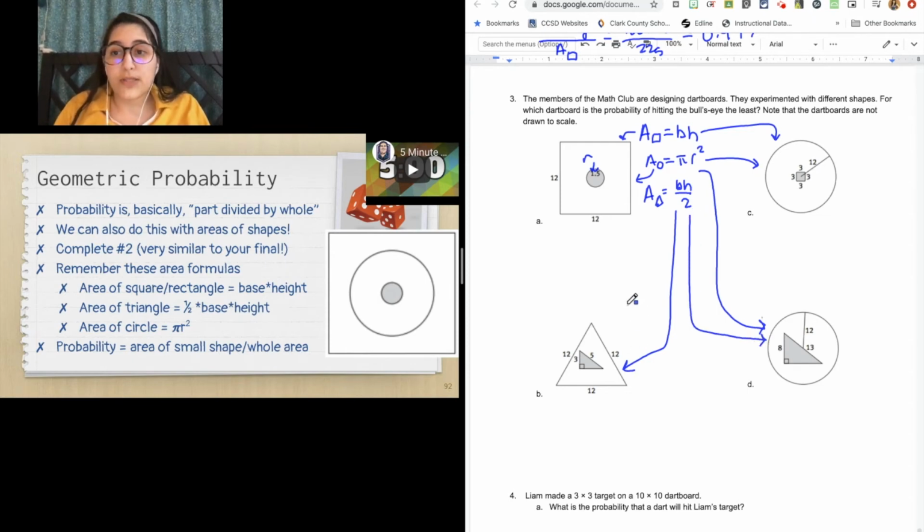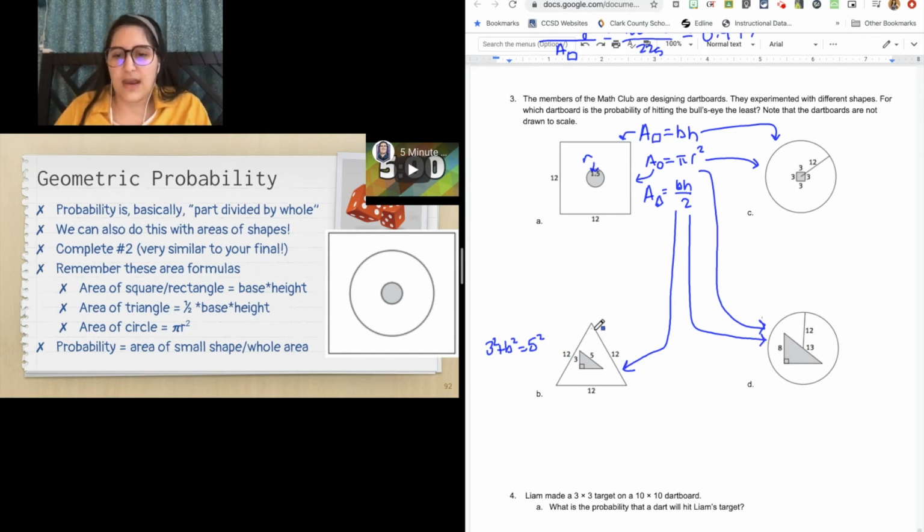The one thing I will say about these problems that have the triangles on them, you will need to use the Pythagorean theorem for part B and for part D. So you would do something like this: 3 squared plus b squared equals 5 squared. Or if you remember, this is a 3, 4, 5 triangle, right? So remember the shortcut.